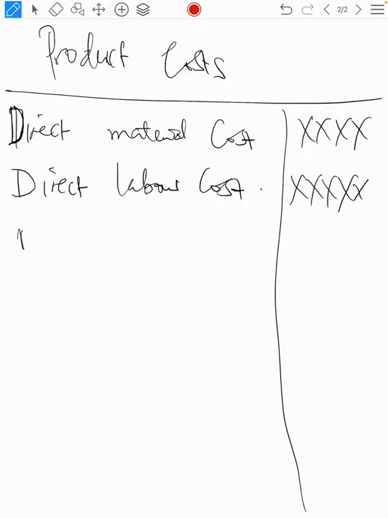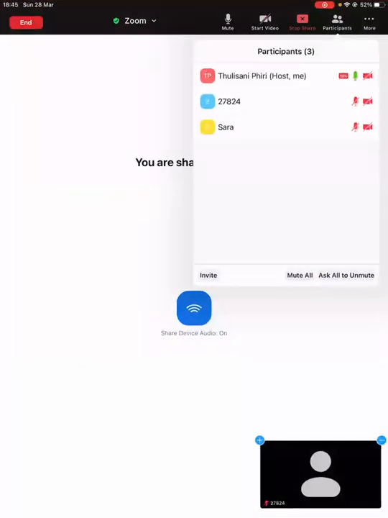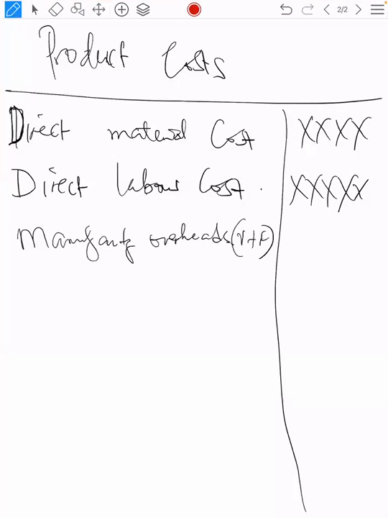Second, I am going to consider the manufacturing overheads. For manufacturing overheads, we have variable ones and fixed ones. As I introduce this module, I will just put one line there, manufacturing overheads, so that I can conclude that there are three types of product costs: direct material, direct labor, and manufacturing overheads.